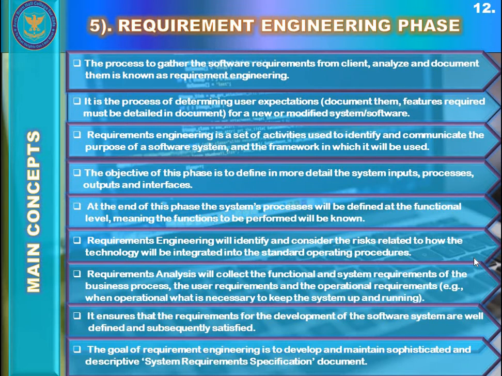Requirement engineering will identify and consider the risks related to how the technology will be integrated into the standard operating procedures, the existing SOPs. Requirements analysis will collect the functional and system requirements of the business process, the user requirements and the operational requirements, for example, what is necessary to keep the system up and running.